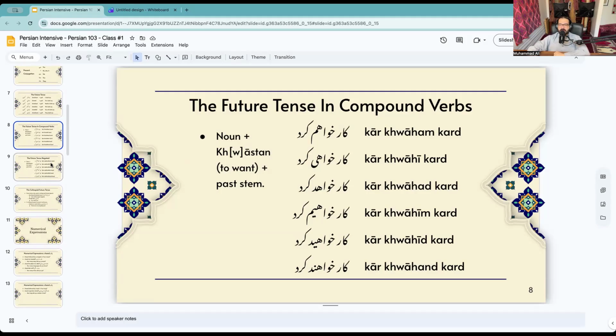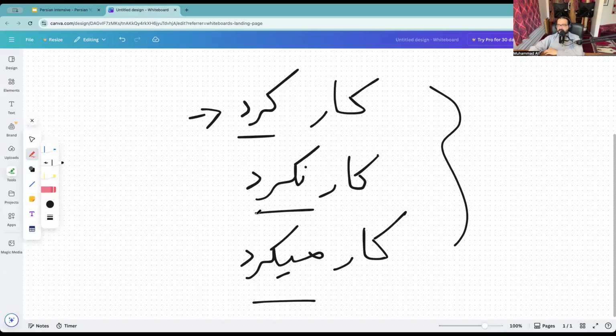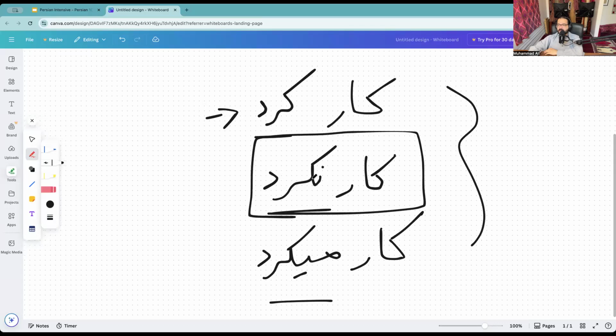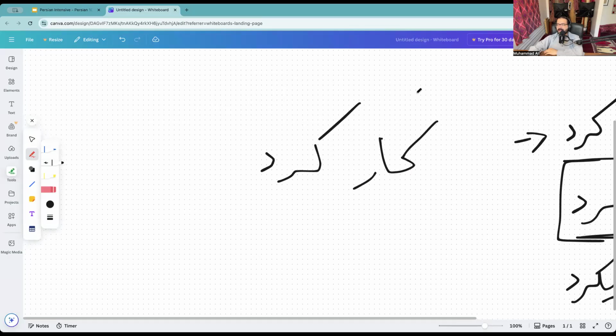And in the same spirit, when we negate the first part of the verb, it's the same thing here. When you want to negate this phrase, kar kard, imagine you have like a little noon floating.